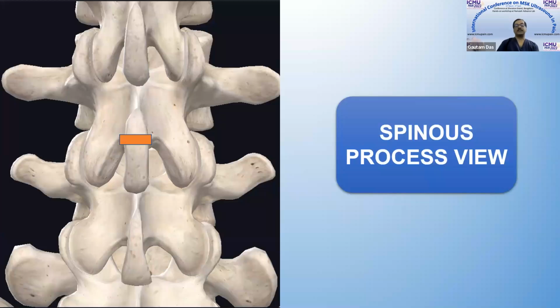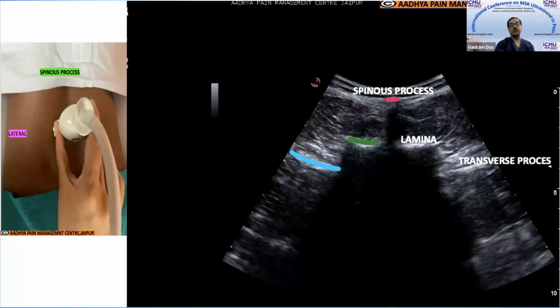Now in the transverse view, when we put our probe over the spinous process, what will happen? The spinous process is bone, so you can't see anything beyond the bone. So you will have 3 steps. The first step is the spinous process, the next step is the lamina, and the next step is the transverse process. And if you wish to do the medial branch block, we will direct the needle here.